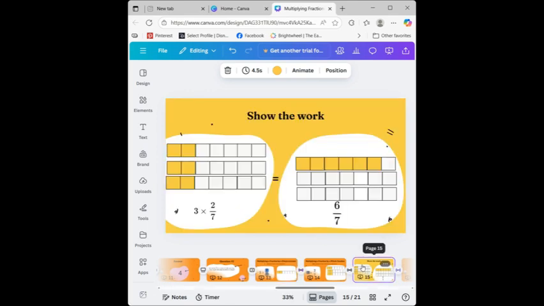And you did also color in 2 in each set of 7, which was also a good thing. You were doing it right.